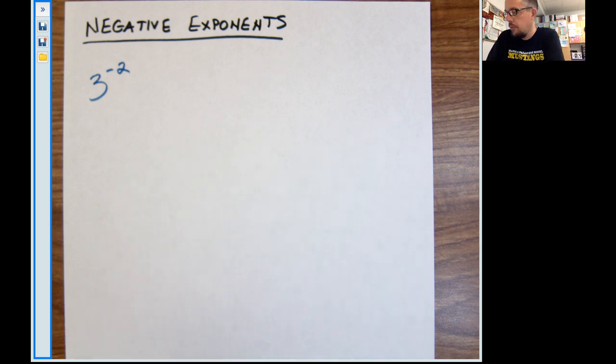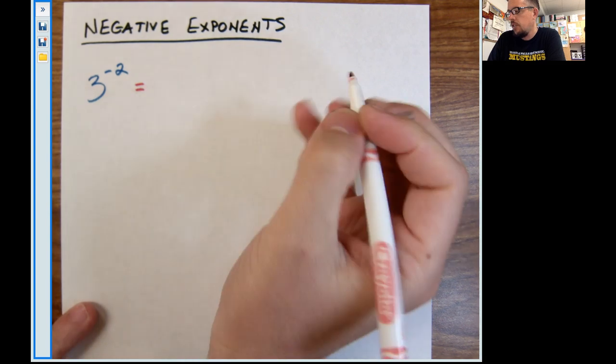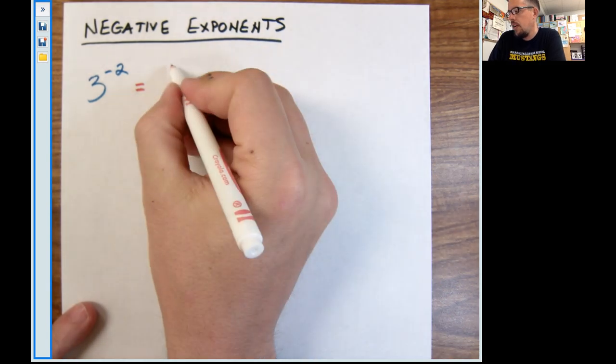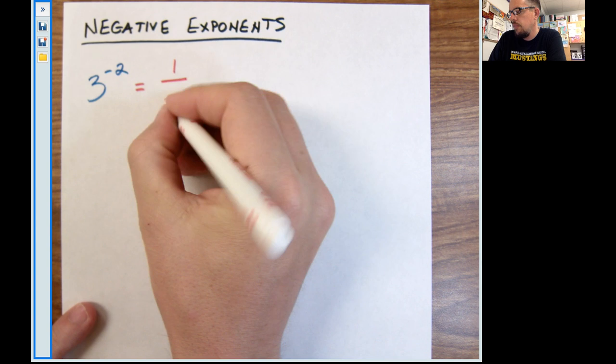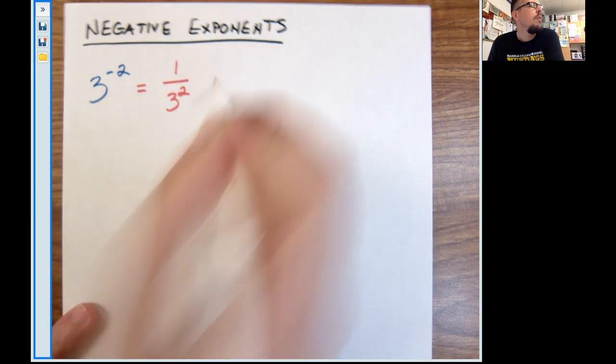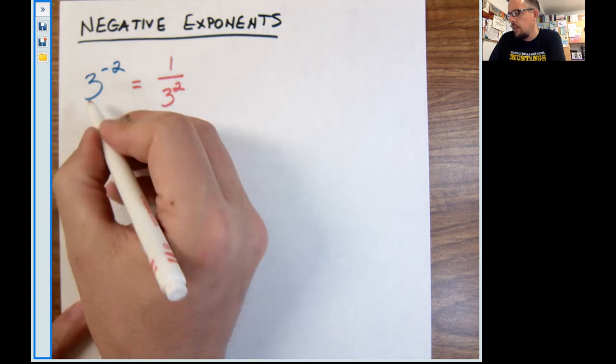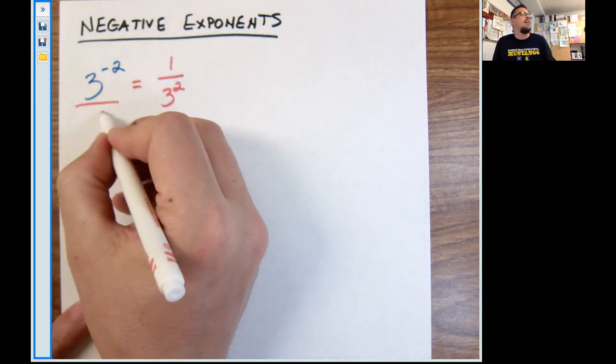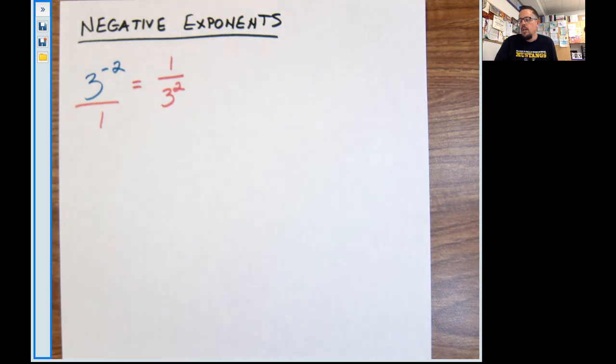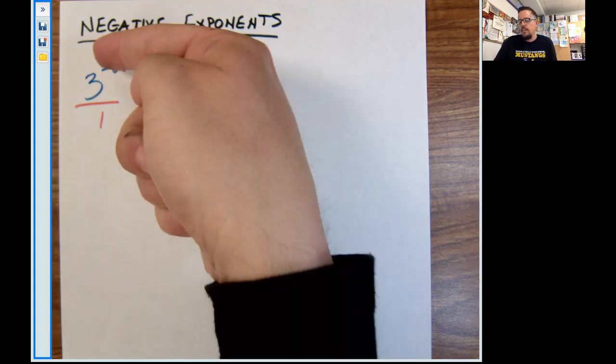So, for example, 3 to the negative 2 power, we could rewrite as 1 over 3 to the positive 2 power. Now, the reason why is that the negative 2 was in the numerator. We don't really write it, but you can write any number as a fraction by putting it over 1. So we just moved it from the numerator into the denominator.